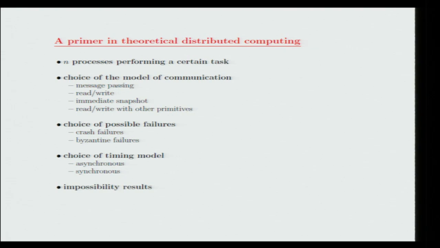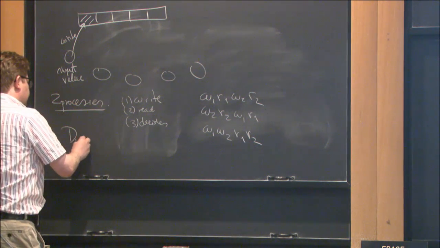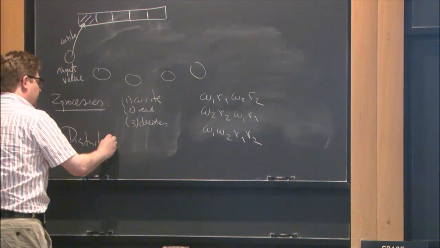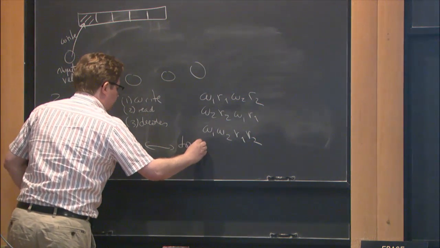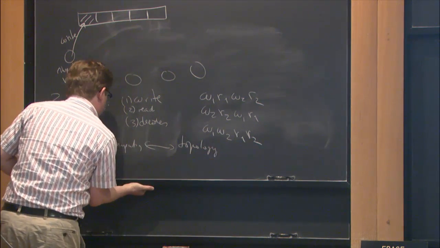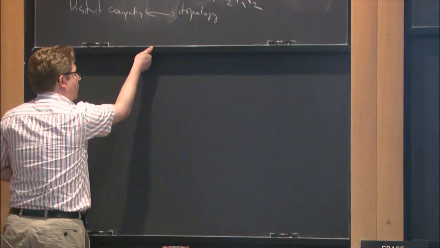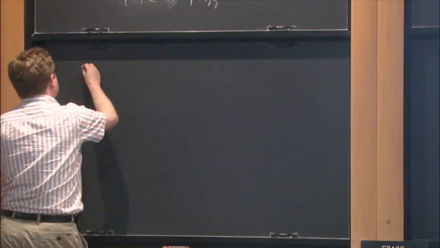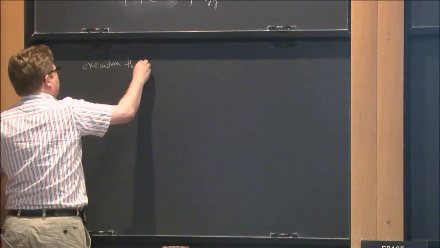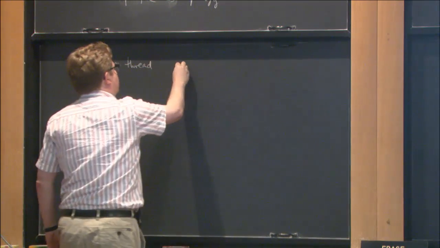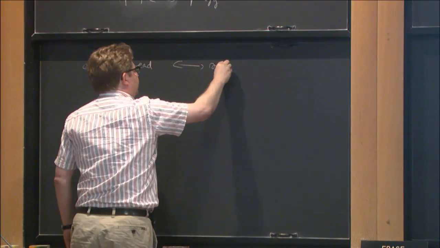Now, just before I go through fixing everything, because if you want to prove something, you want to fix everything, just as a general idea, the idea to connect distributed computing and topology is to have a simplex for each execution thread.